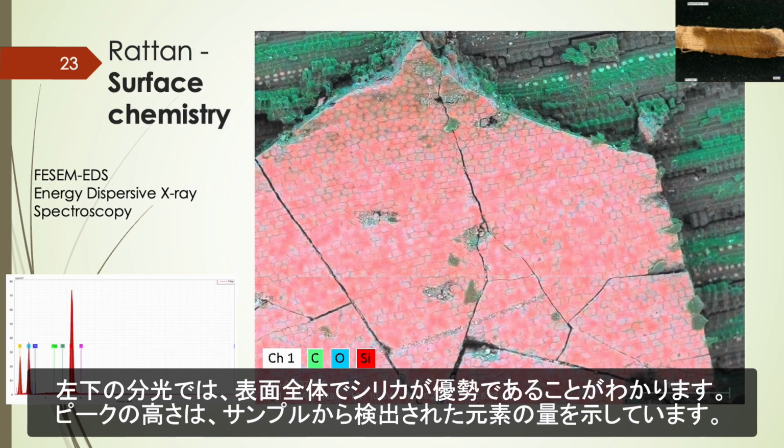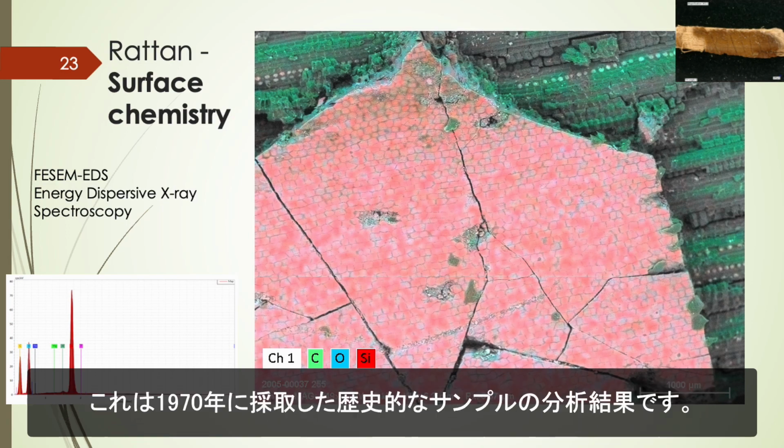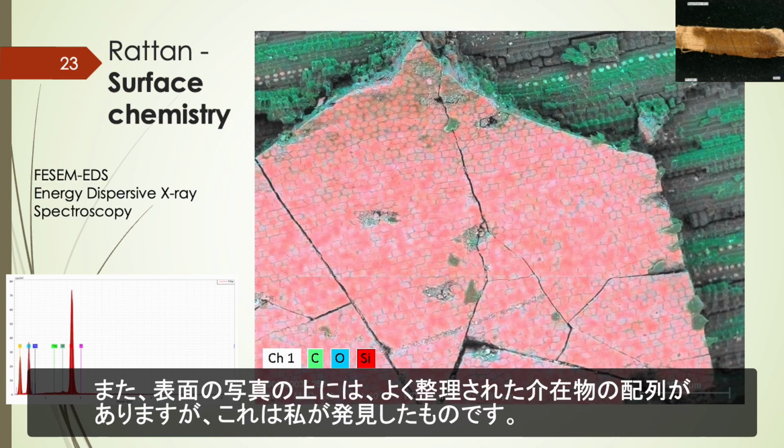The height of the peak indicates how much of a particular element is detected by the instrument. Also, I would like to bring your attention to some interesting inclusions which you see as raw, almost like pearls, arranged on the sample, in the top right and below and top left of that large image. In a moment, I'll reveal the details of what it is and how significant the discovery was for me.